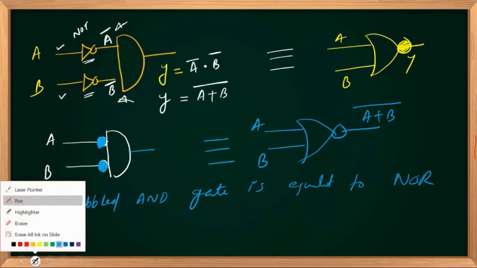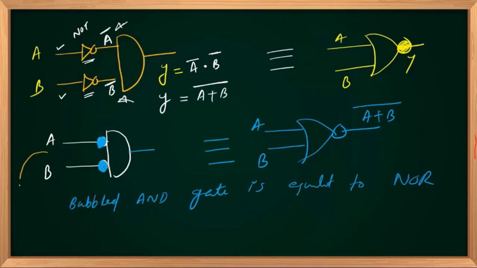Then please listen carefully. We are going to make use of our duality principle here. Look at the inputs. A is the input, B is the input. I'm taking the dual. Variables won't change. Then I have a line. Dual of the line will be the same line itself, no change.